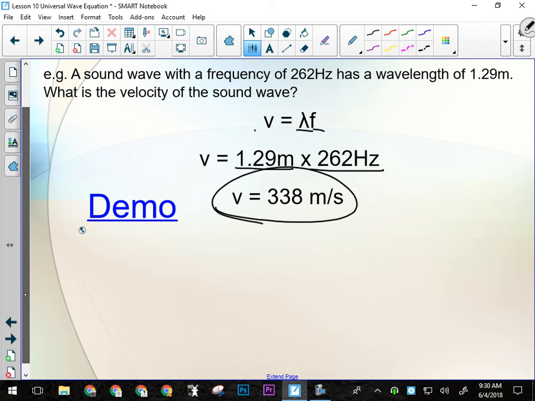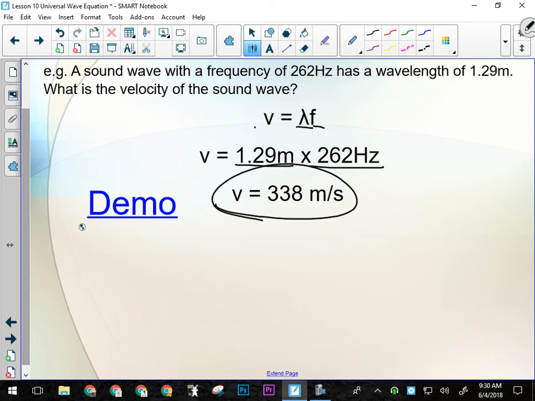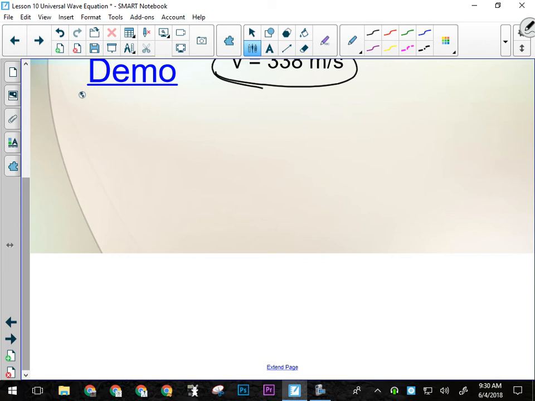Now, the only thing that can get tricky about the universal wave equation is if I give you a question like this. I want you to write this one down as an example.